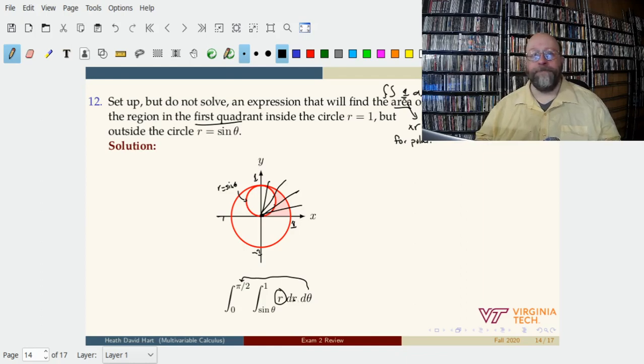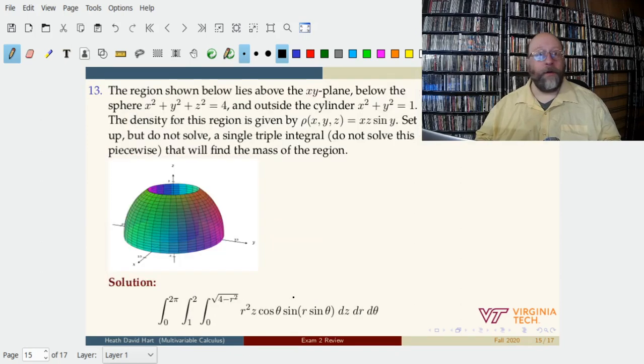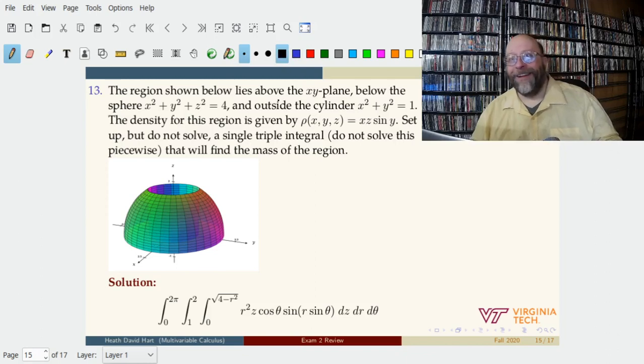Okay, let's keep going. 13. This region here, and this was a fun graphic to create, let me tell you, lies above the xy plane, below the sphere x squared plus y squared plus z squared equals 4. That's this surface here. It continues on.